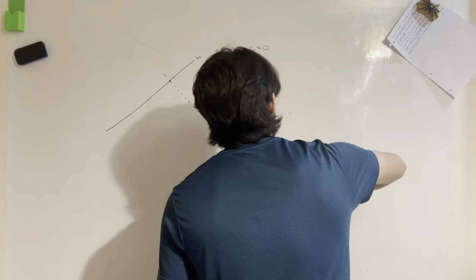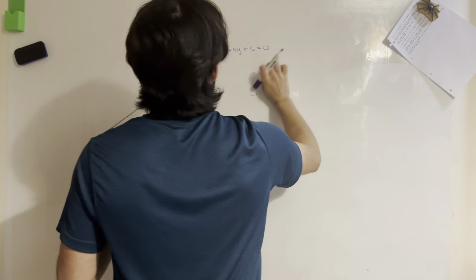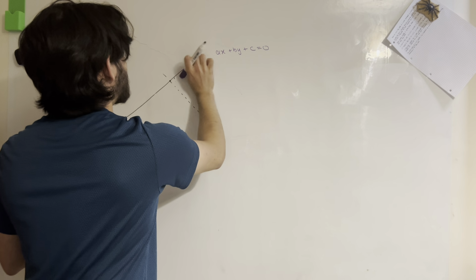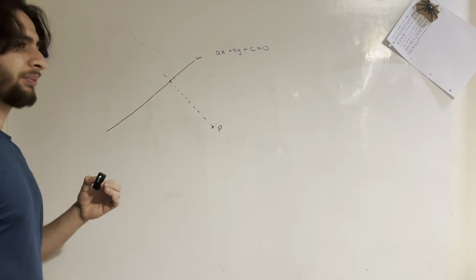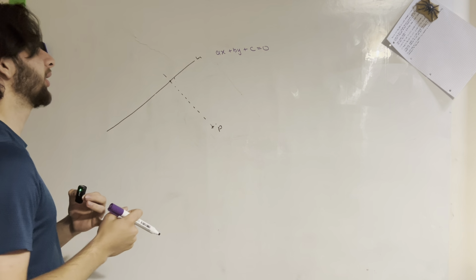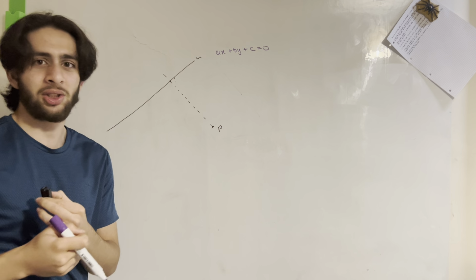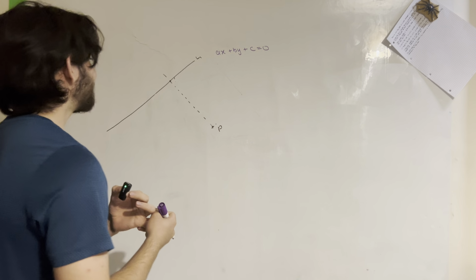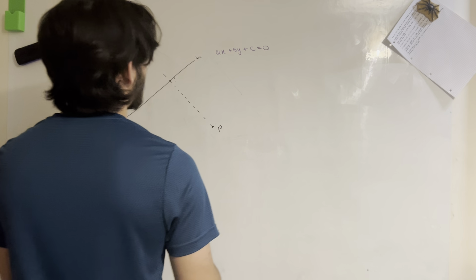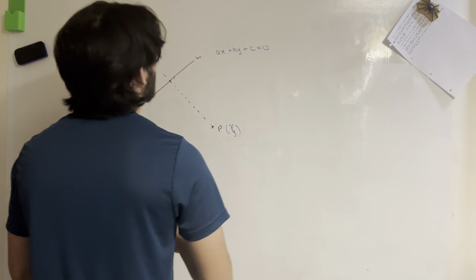So to remain consistent, we're going to use ax plus by plus c equals 0, which is basically just the overarching framework that is much more useful than just y equals mx plus c due to the reasons that we just discussed. And let's say our point over here is x1, y1.